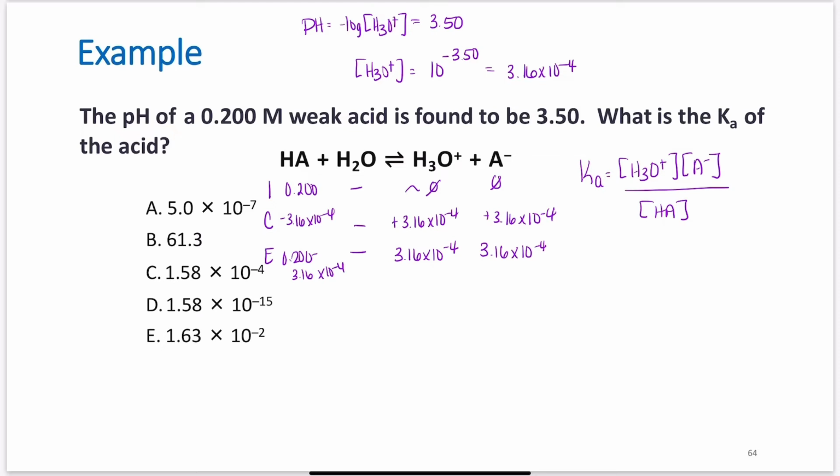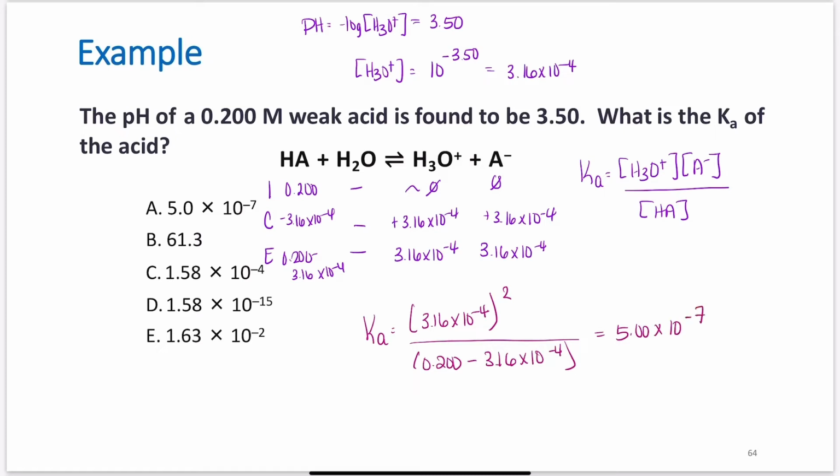I'm going to plug those values into my Ka expression, and I get an answer of 5.00 times 10 to the minus 7.